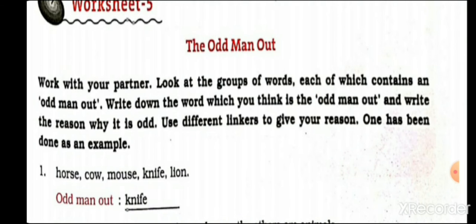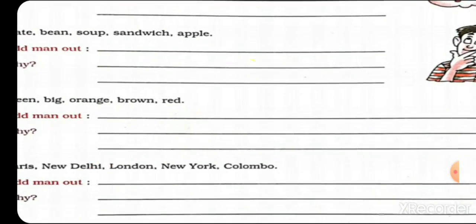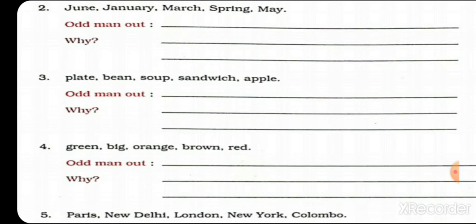Now students, why? What's the reason behind it? Because, beta, knife is a thing, whereas the others are animals. Like this, students, next one you can write like this: June, January, March, spring, May. Students, odd man out is spring.